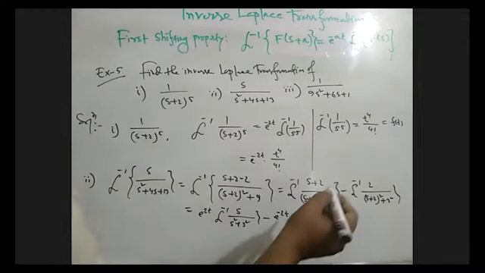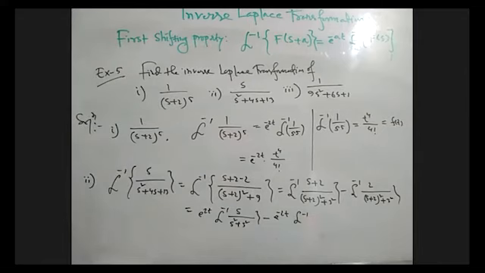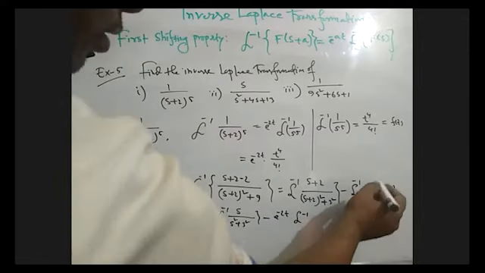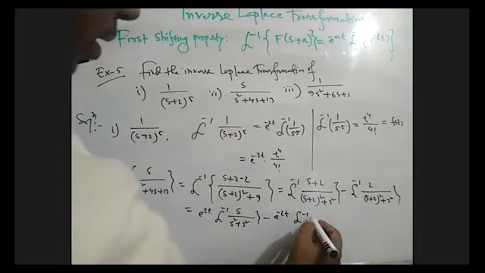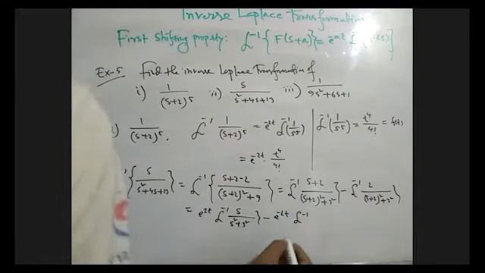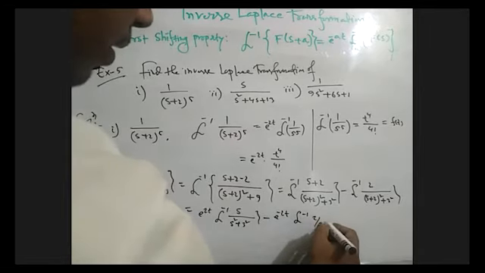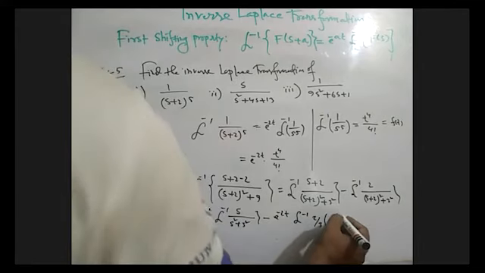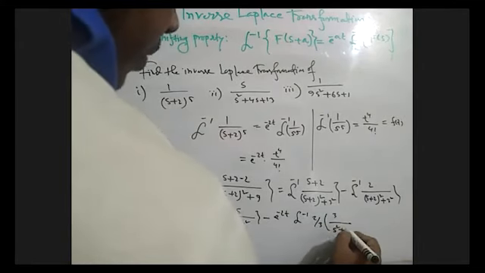Here the 2 will be multiplied, so we can write it as a constant. That means we get 2 by 3 times 3 divided by s square plus 3 square.